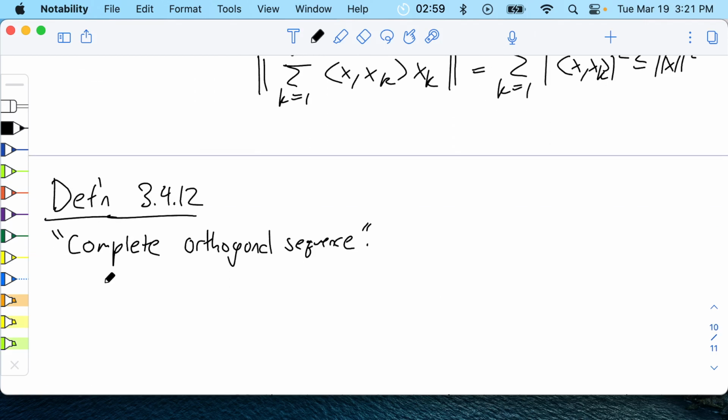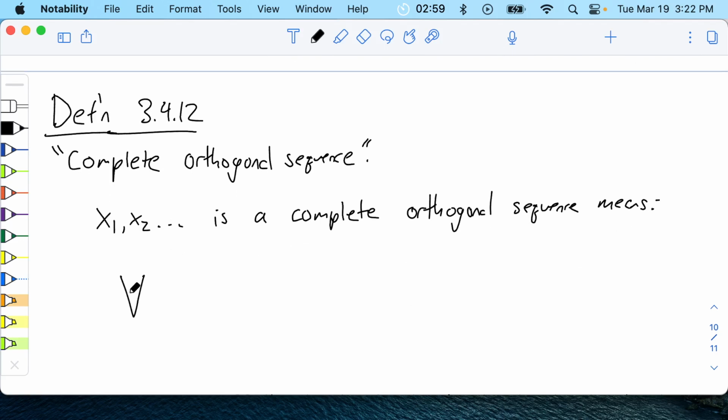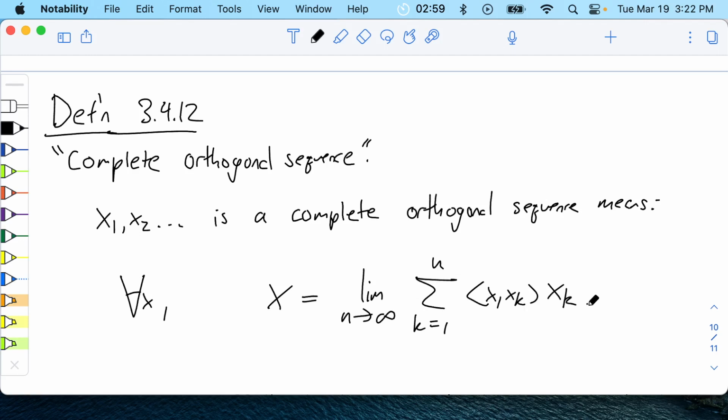But the definition is: x1, x2, and so on is a complete orthogonal sequence means for all x, x equals the limit as n goes to infinity of the sum from k equals 1 to n of <x, xk> xk.